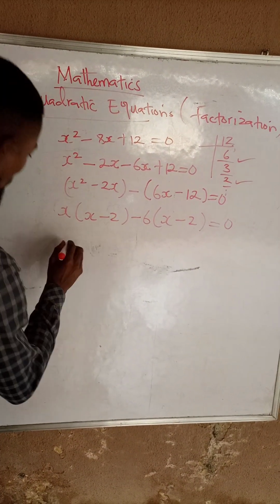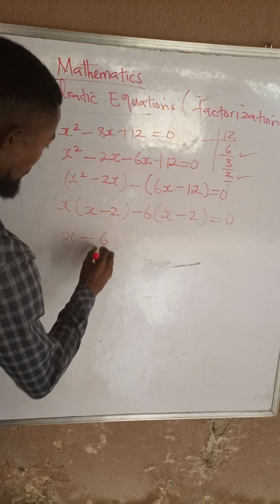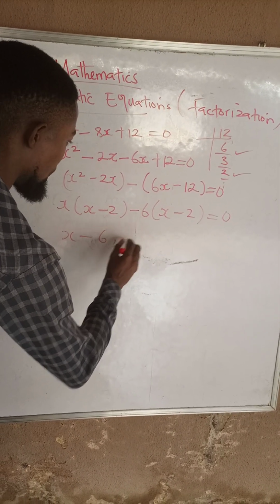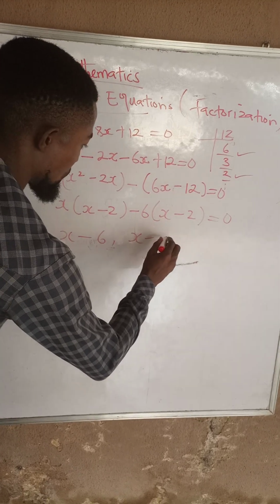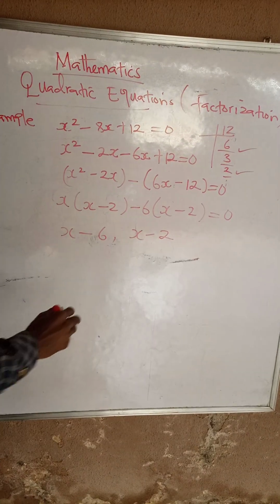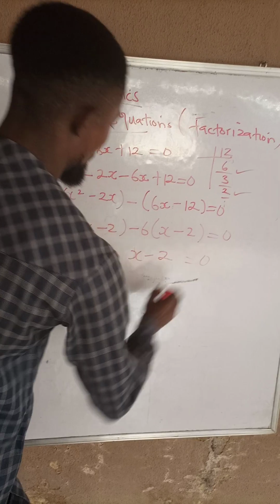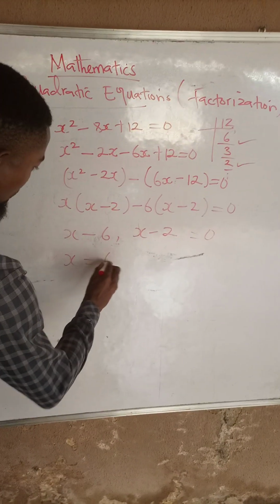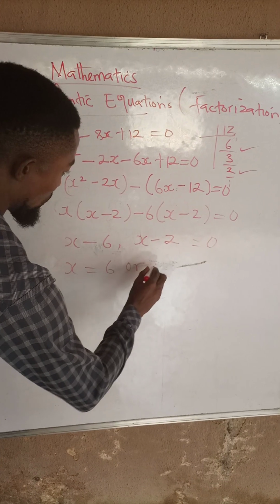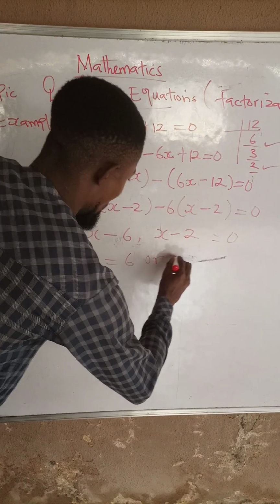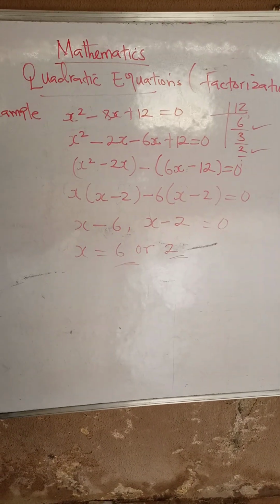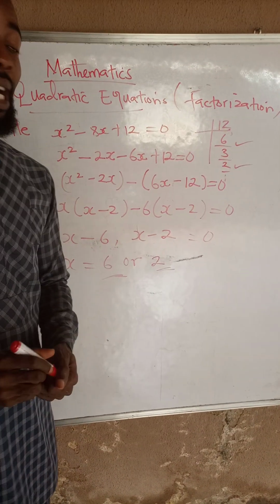And outside the bracket, we have x minus 6, and we have x minus 2, all equals 0. And our x is equal to 6, or our x is equal to what? 2. This is how simple the factorization method is.